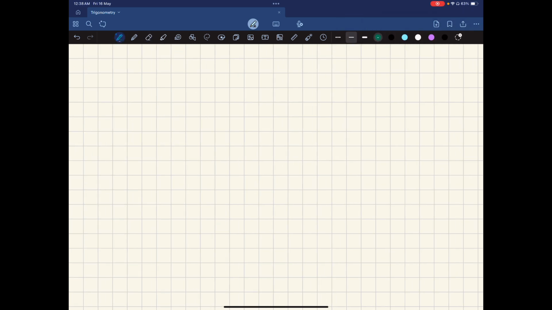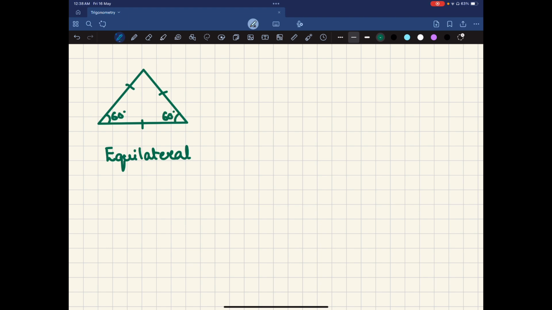I hope all of us are aware of the three types of triangles that exist. Okay, so we have an equilateral triangle, all three sides are equal and all angles therefore are equal, okay. Then we have an isosceles triangle.